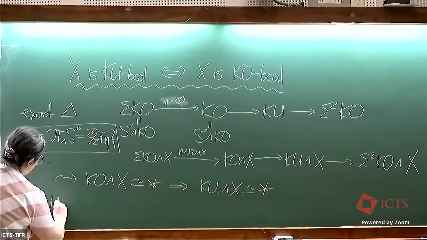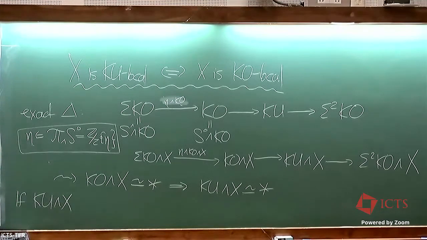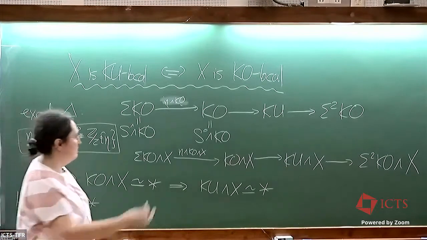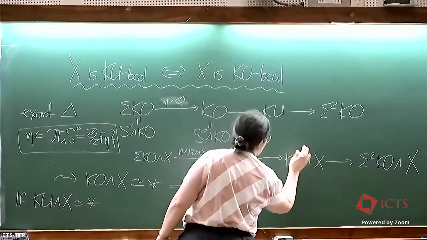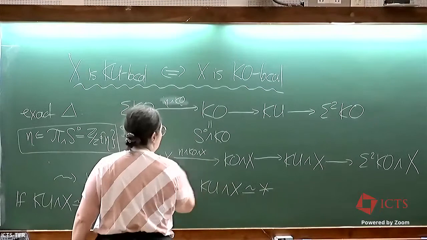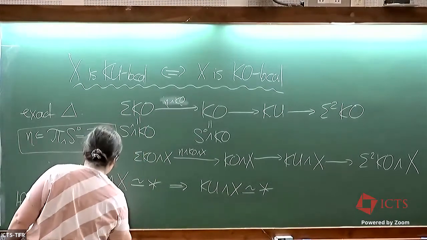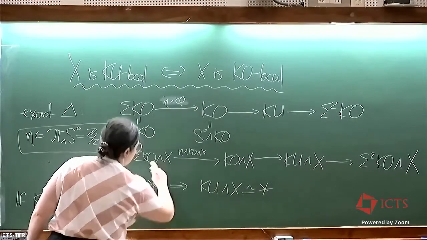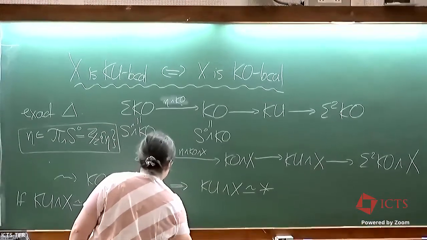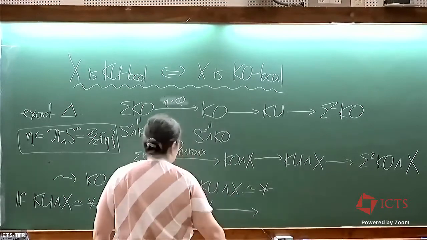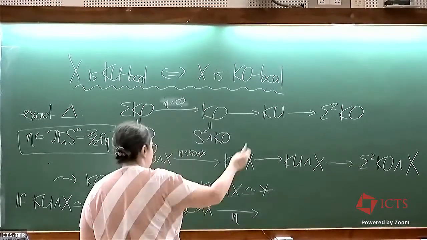that X was KU acyclic, then I would have something trivial here, and therefore I would have an isomorphism in the other spot. Let me just write eta, not smash all the other stuff.